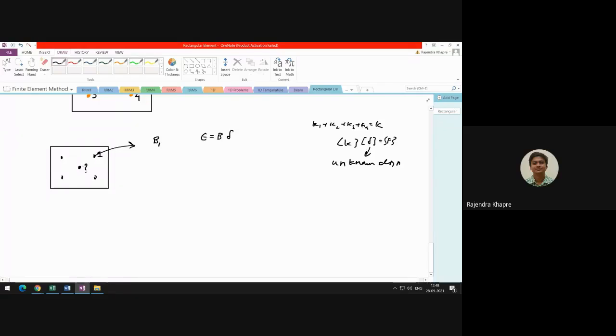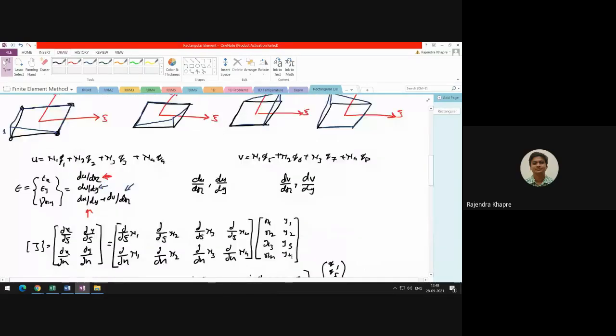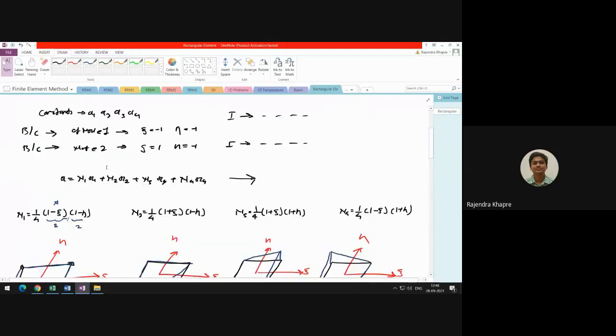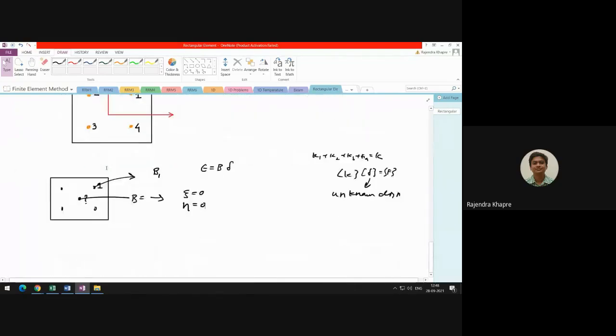I should first of all calculate its B. How will you calculate B? By substituting the value of xi and the value of eta as 0. Why am I saying 0? Because in the basic assumption here, at the center point, the values of xi and eta are both 0. So you have to first calculate the value of B at the 0 point.